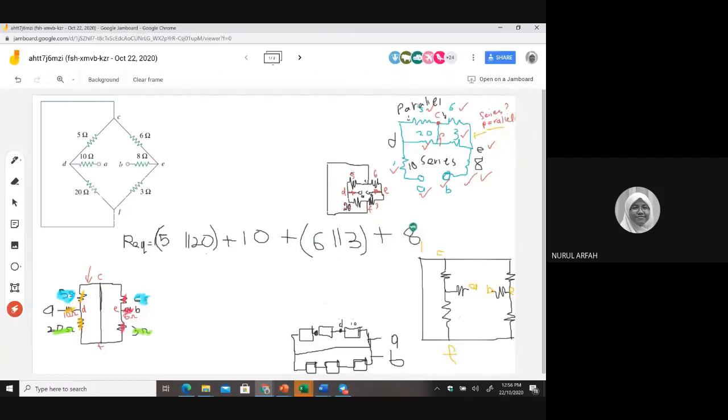Okay, let me check. We start with this 10. So this is 10. Okay. And 5 with 20, since this end go to 20 ends and this 5 ends go to this 20 ends. Yes, they are in parallel.